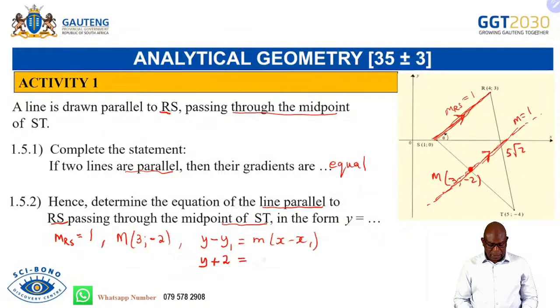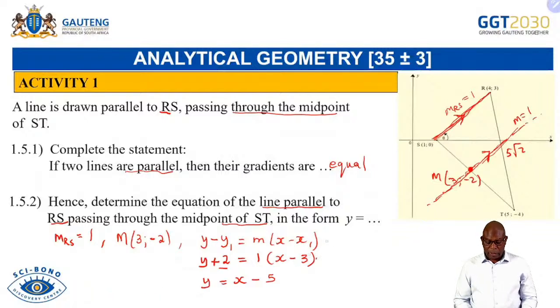The gradient is 1. The x value is negative 3. Then I just write down my equation there. So my equation will be y equals x minus 5. Why? If I take the plus 2 to this side, it will be negative 2. Negative 2 and negative 3 will give us negative 5. And the x value is positive x.